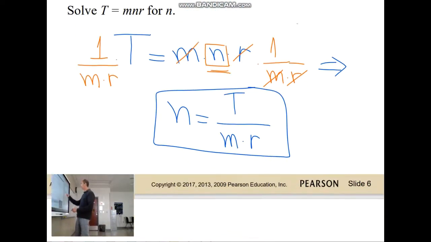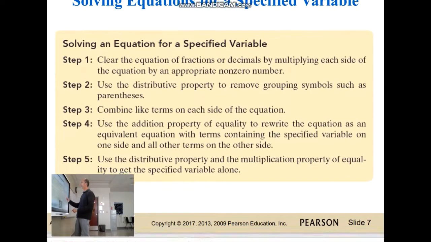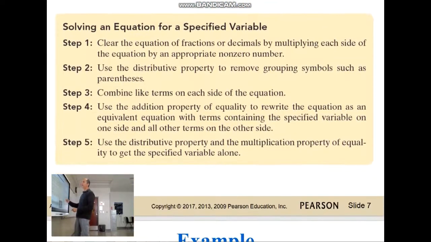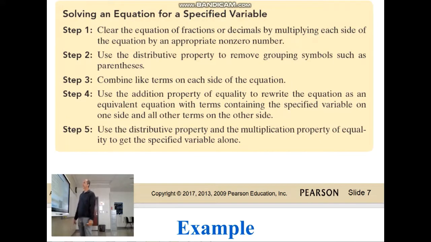And step by step is here. Step 1: clear the equation of fractions and decimals by multiplying each side by an appropriate non-zero number. Step number 2, use the distributive property to remove grouping symbols. Step number 3, combine like terms.